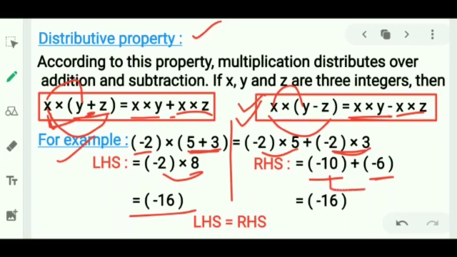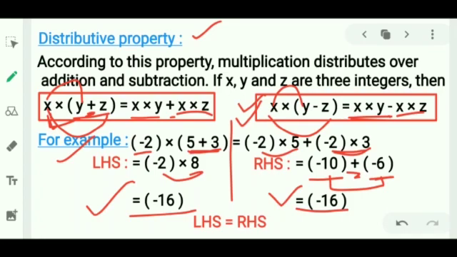Now we have 2 negative integers with a plus sign between them, so we have to find the sum of minus 10 and minus 6. We know that if both signs are same, then we add, and because both integers have a negative sign, the answer will become minus 16. So we can say that LHS is equal to RHS, so this property is true.